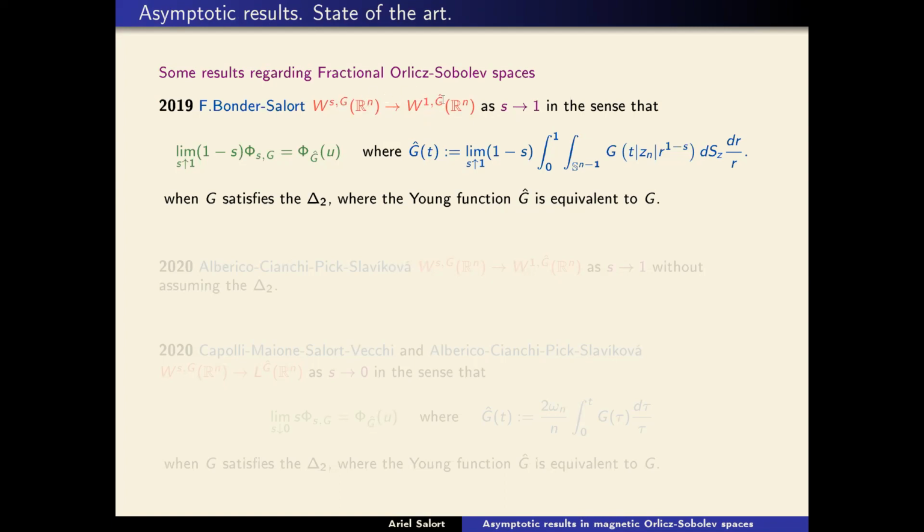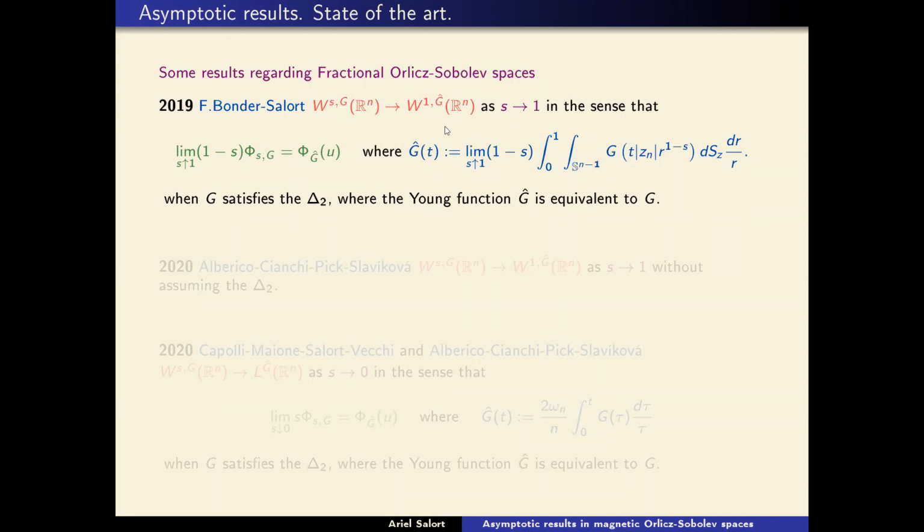You obtain a different function, the function \hat G, which is in fact a Young function, defined by this formula. Although this function is different from G, these two functions are comparable. The functions G and \hat G define the same space, W^{1,G} or W^{1,\hat G}.